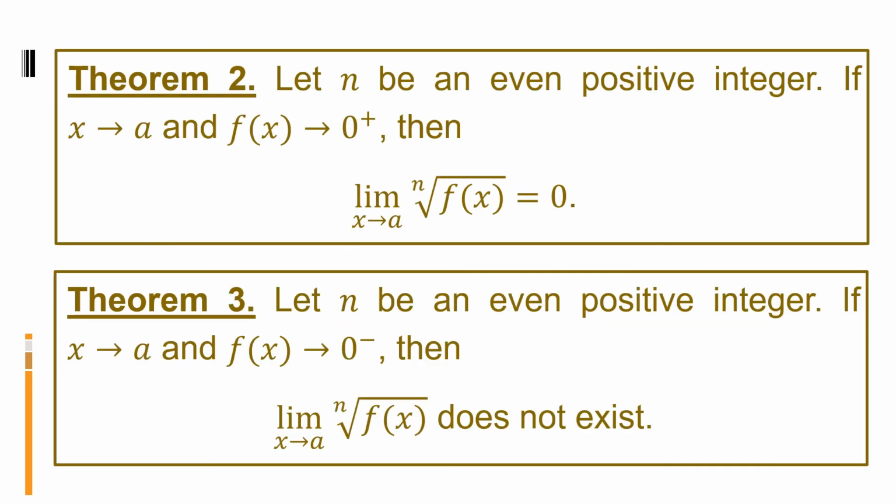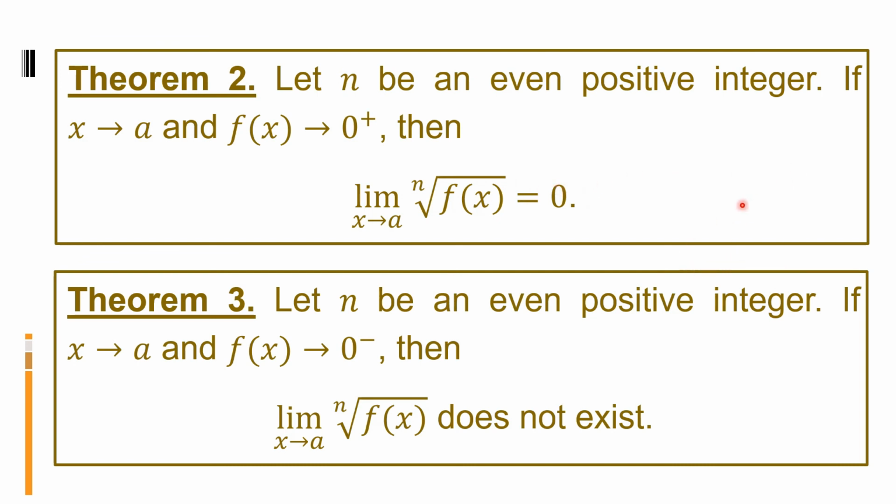That leads us to our theorems number 2 and 3, saying that let n be an even positive integer. If x approaches a and f of x approaches 0 positive, then the limit as x approaches a of the nth root of f of x is just equal to 0.